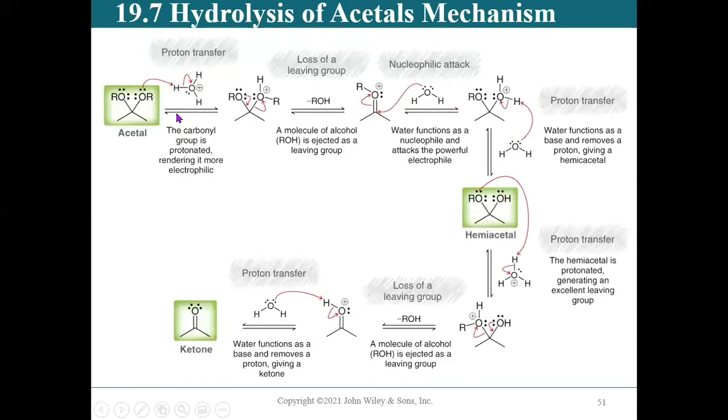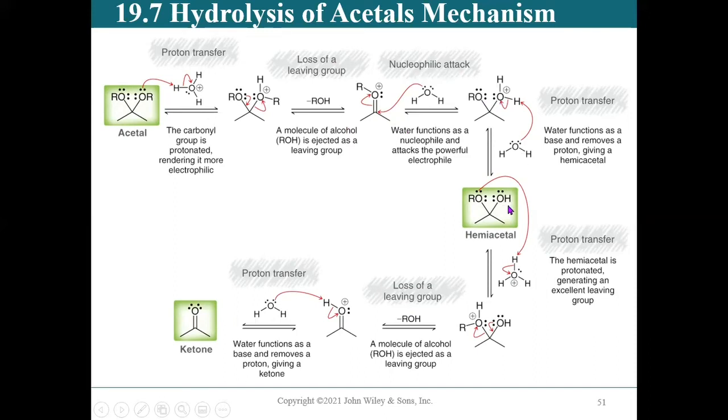And here is the mechanism under acidic condition. The acetal gets protonated, so then the alcohol becomes a good leaving group, and we have a nucleophilic attack from water, producing this RO group, and at the same time the water is attached to this carbonyl carbon.